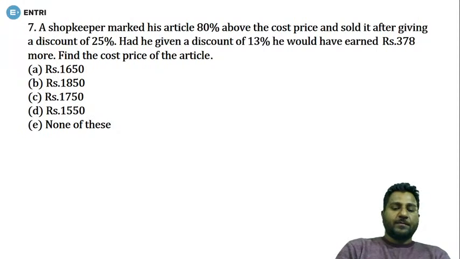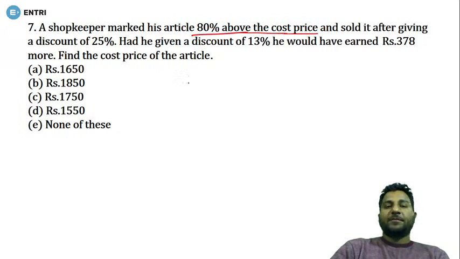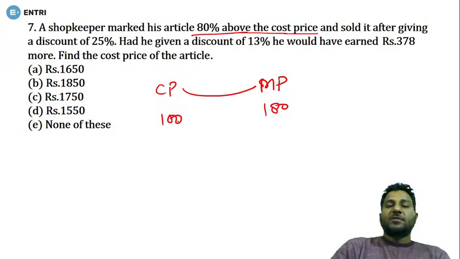The next one. A shopkeeper marked his article 80% above the cost price. Look, the shopkeeper marked his article. So from cost price, MRP would be what? 80% above. All right, that means if cost price is 100, mark price is 180.